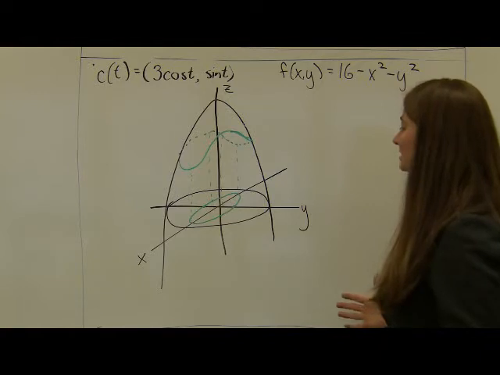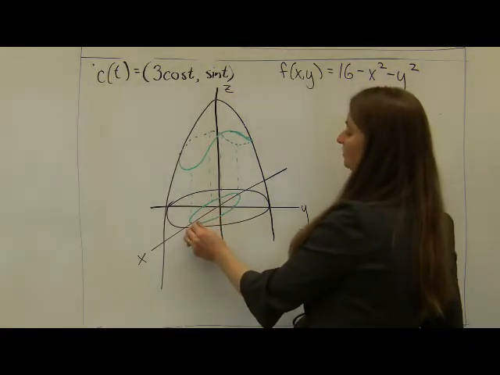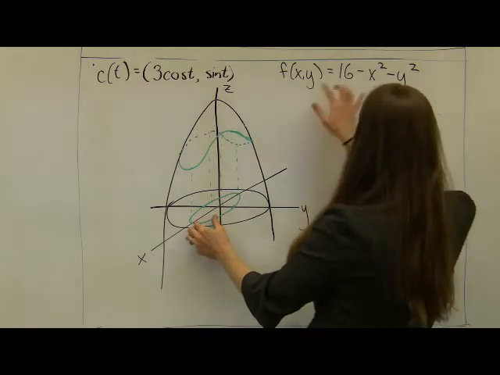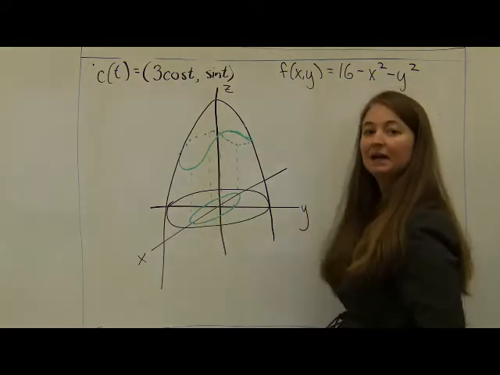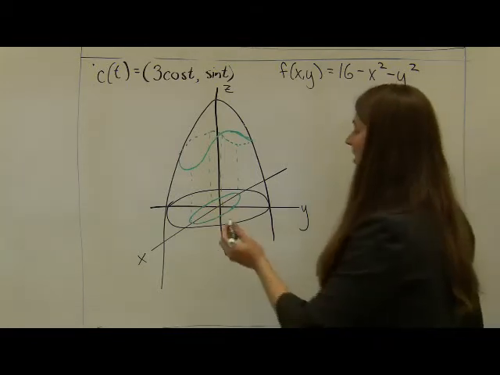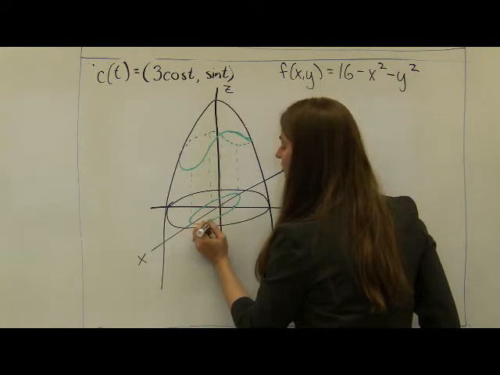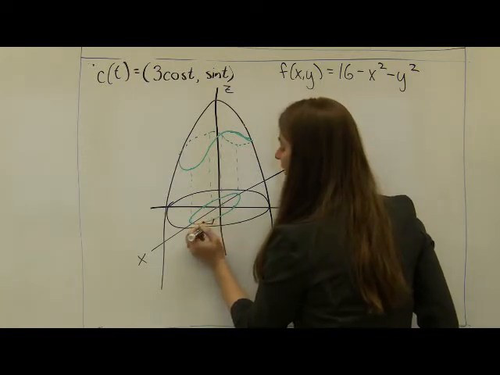And the question that we're asking is, as I have changes in time, what happens to the elevation of the probe? I say two things are going to happen, and this is my sketch of what's going on. A change in time means that I'm going to have both a change in the x direction and a change in the y direction.